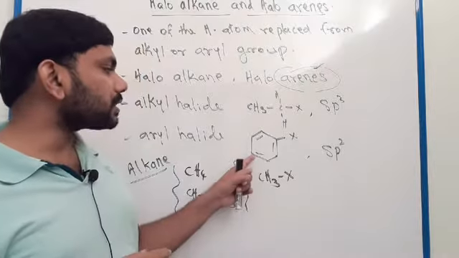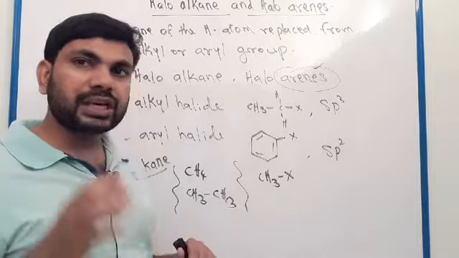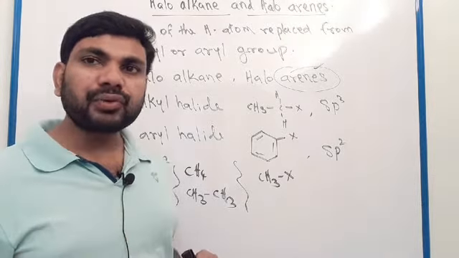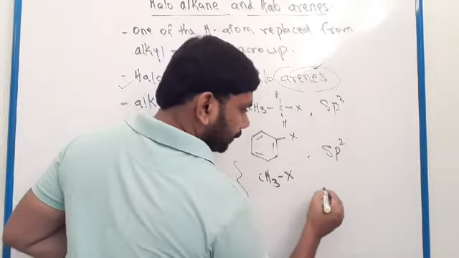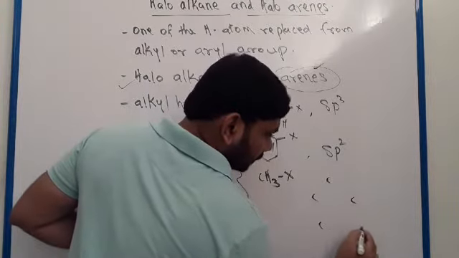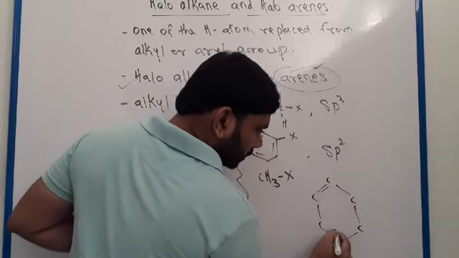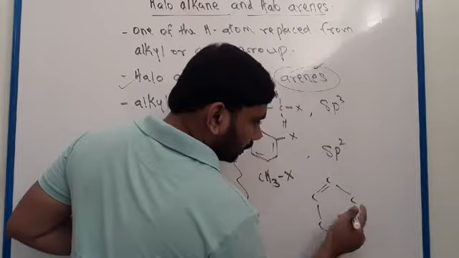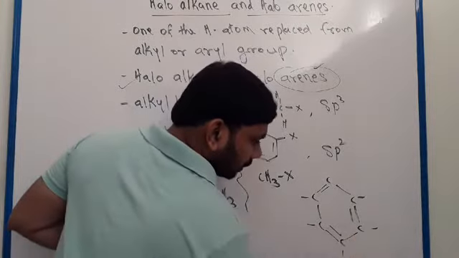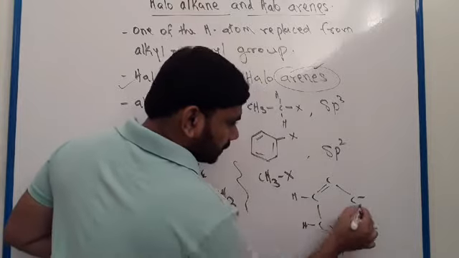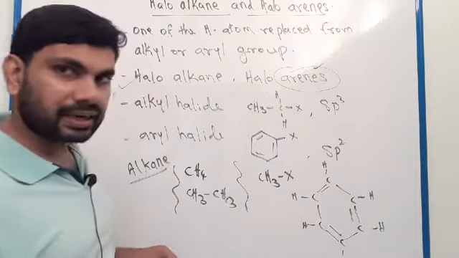Such types of compounds are called aromatic compounds. Benzene consists of 6 carbon atoms, with alternate double bonds, and each carbon is attached to one hydrogen atom. This is benzene, an aromatic compound, an arene.